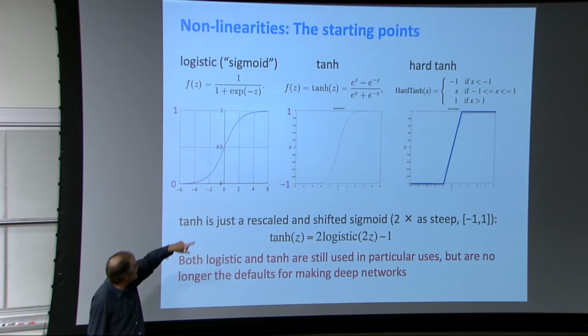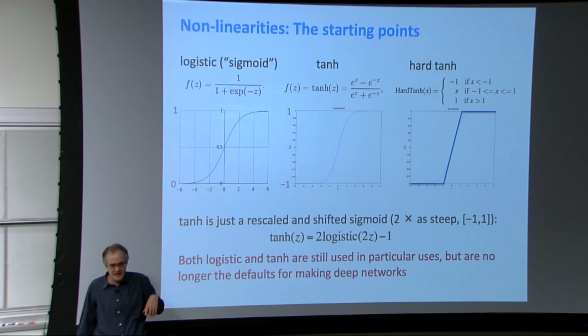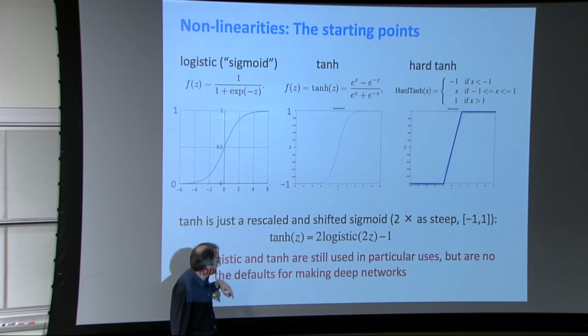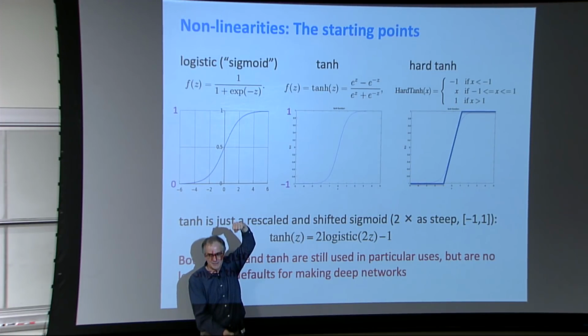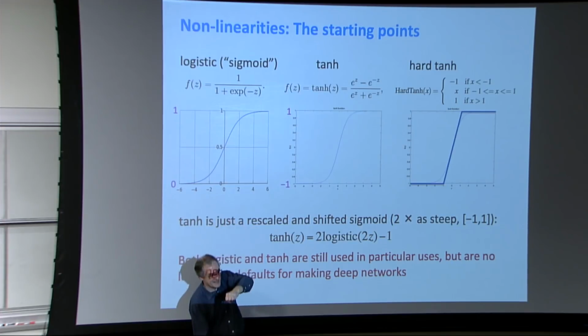Here is the tanh curve. The formula for tanh looks like a scary thing with lots of exponentials in it, and it doesn't really look much like a logistic curve whatsoever. But if you dig up your math textbook, you can convince yourself that a tanh curve is actually exactly the same as the logistic curve, apart from you multiply it by 2, so it has a range of 2 rather than 1, and you shift it down 1.